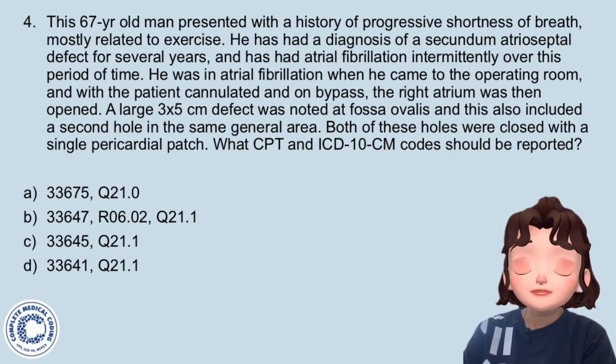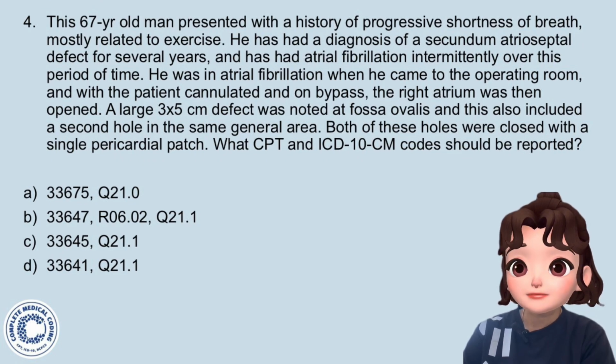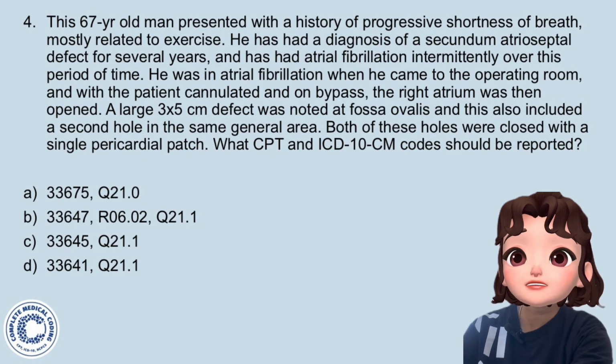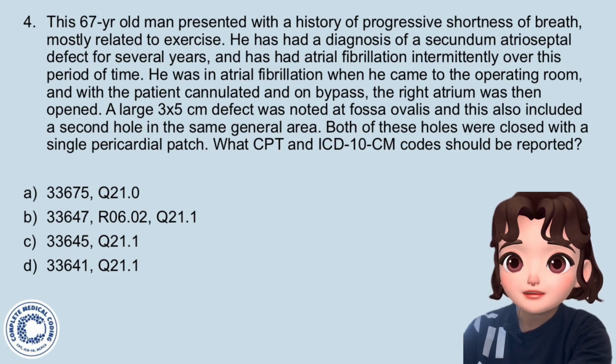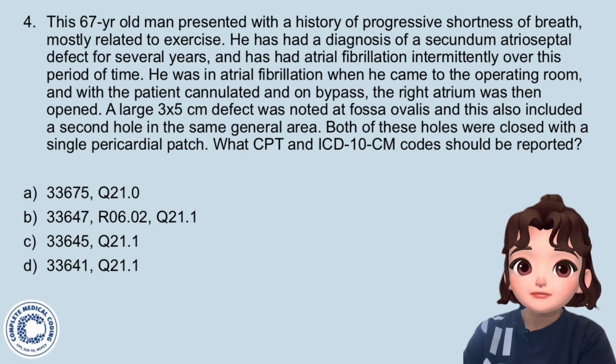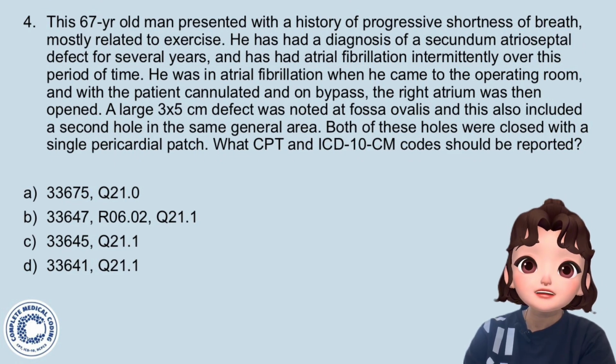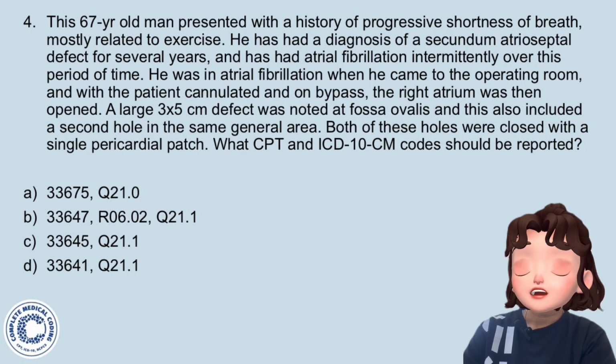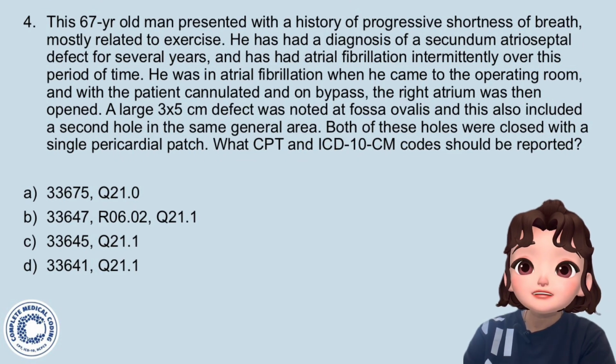What is Q21.0? You have to find the ICD code for atrial septal defect, right? Q21.0 is ventricular septal defect. So that is wrong. What is R06.02? That is shortness of breath. R06.02 represents shortness of breath, which is present in the question, but that is only a symptom. If we cannot confirm any diagnosis, then only you use the symptom.